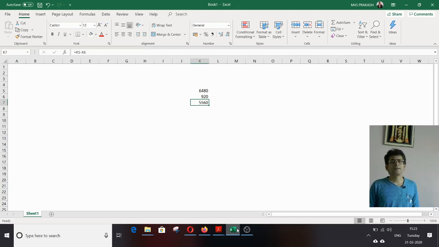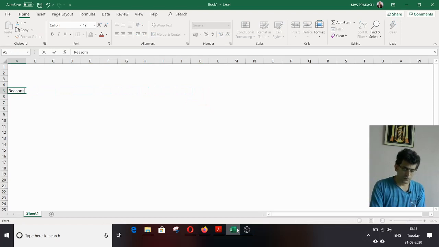Now, let me tell you those cases where a difference between the branch balance and the head office balance will arise. Head office sending goods to the branch, and the branch has not yet received the goods in transit. So here let me write the reasons for the difference in head office account in branch books and branch account in head office books.